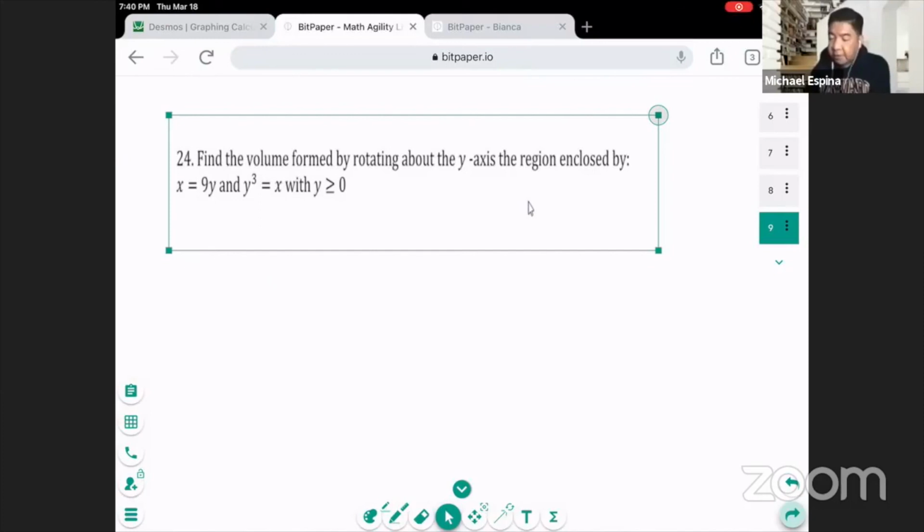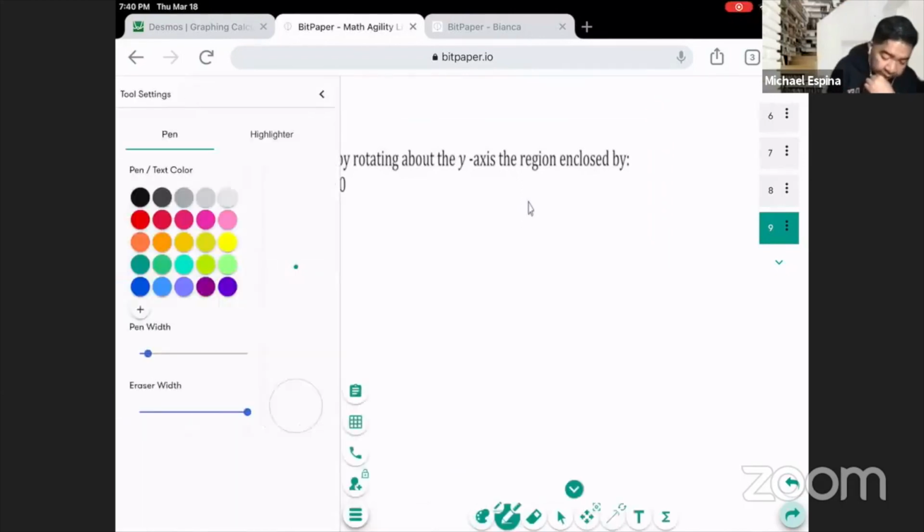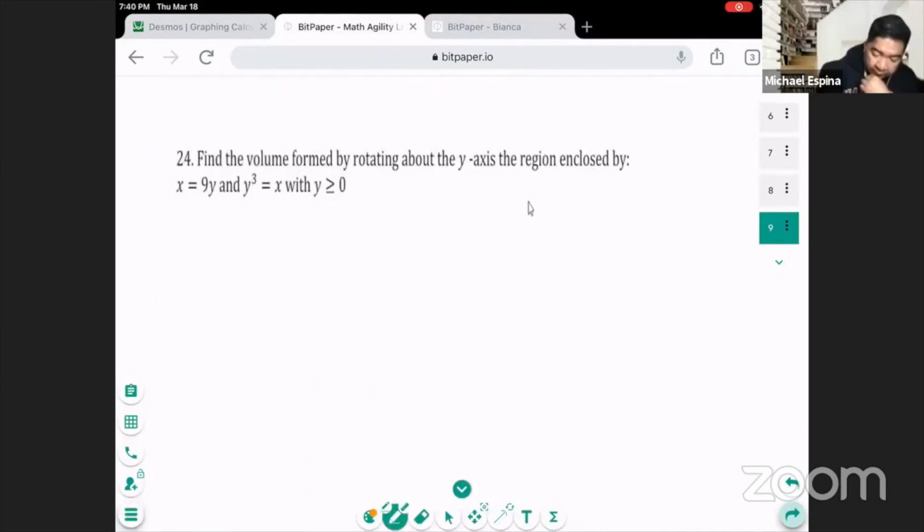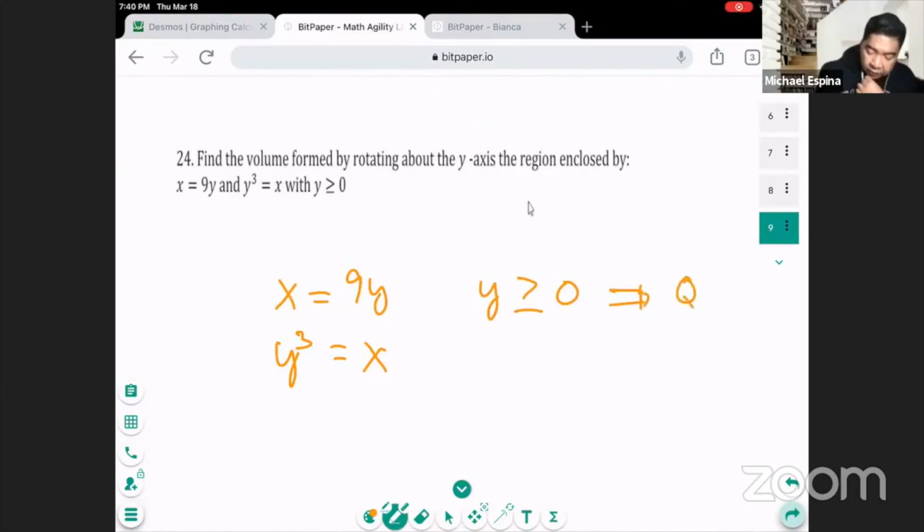Okay, so let's graph our equation. We have x equals 9y and then y cubed equals x, and y greater than or equal to 0. It only means this is in quadrants 1 and 2, right, when y is greater than or equal to 0.